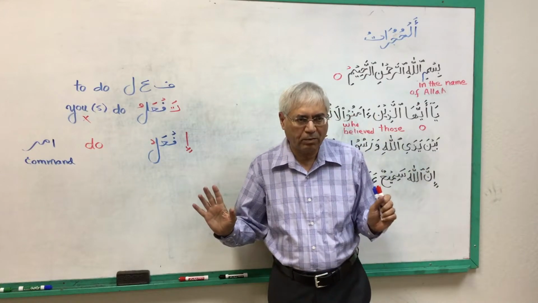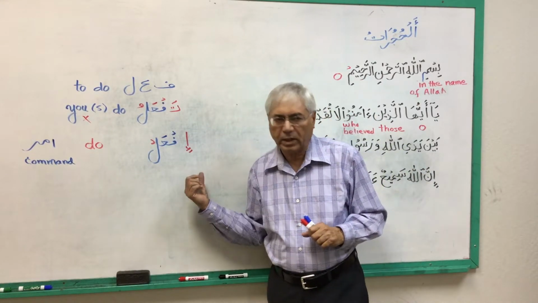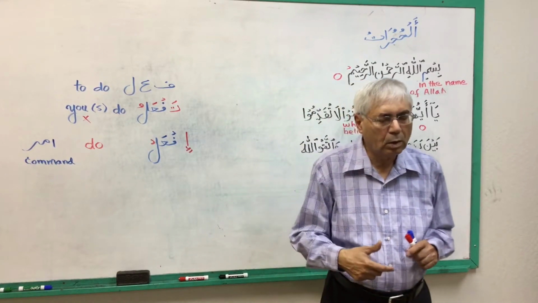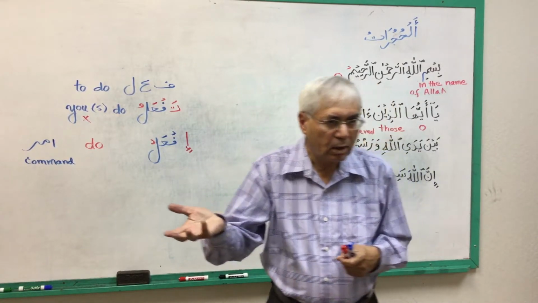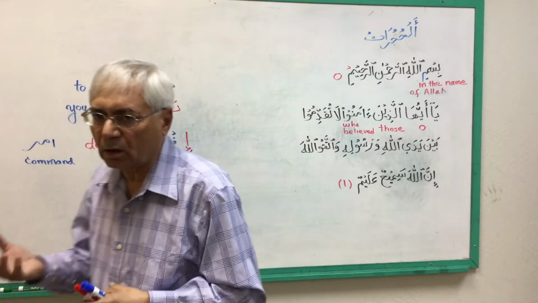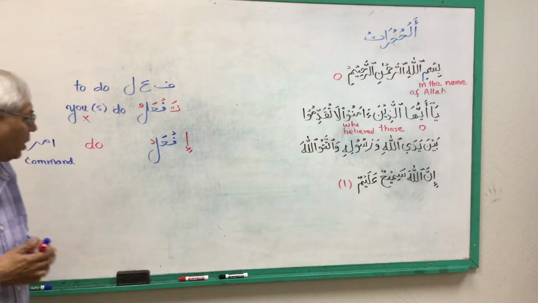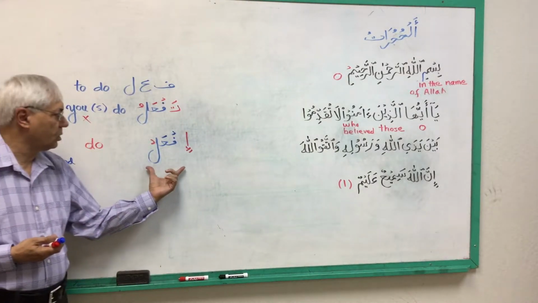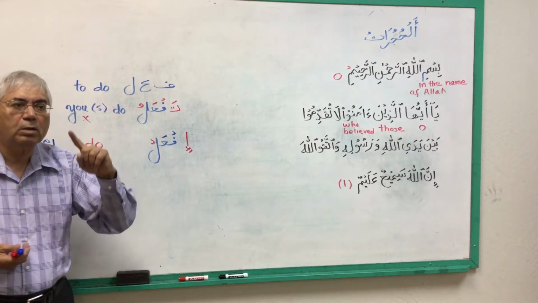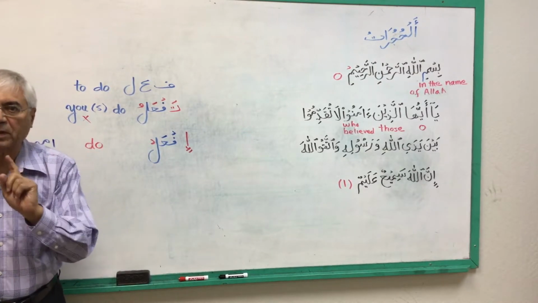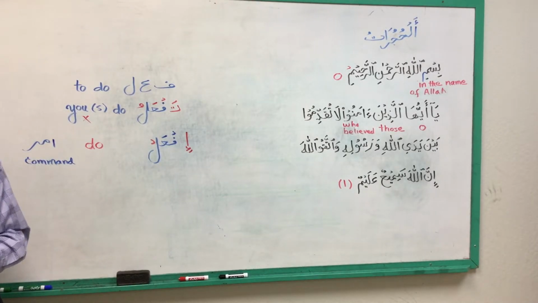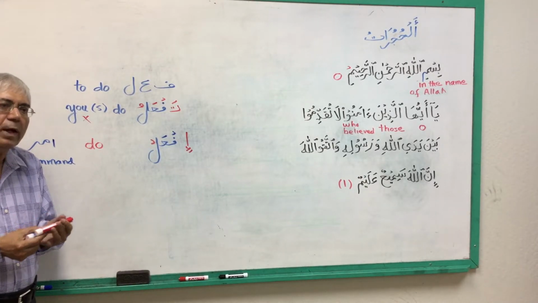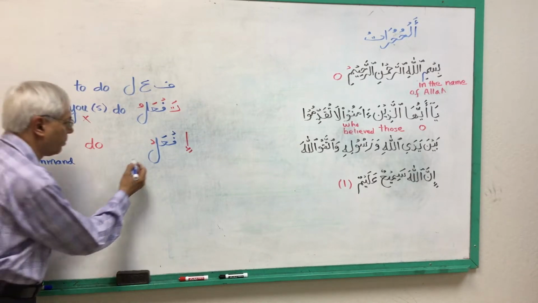If'al will always remain if'al. But from the context, you have to find out who you are talking to and translate accordingly: supplication, request, order, anything that way. So this is, if you're telling one person, commanding one person, if'al. If you are commanding many people, then the rule is same, you add a waw in the end.